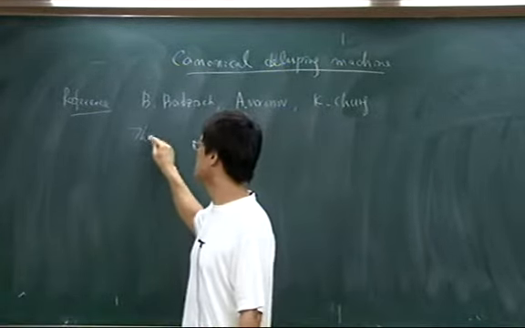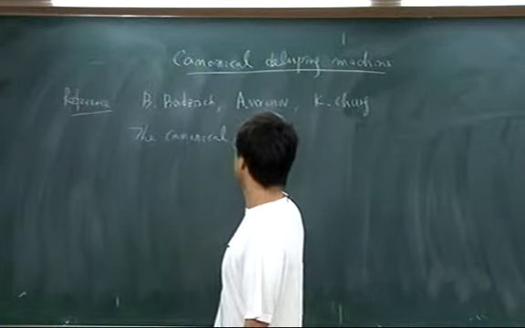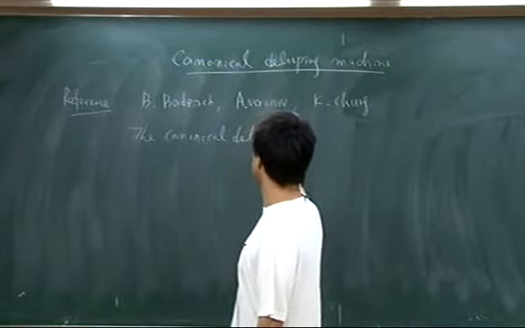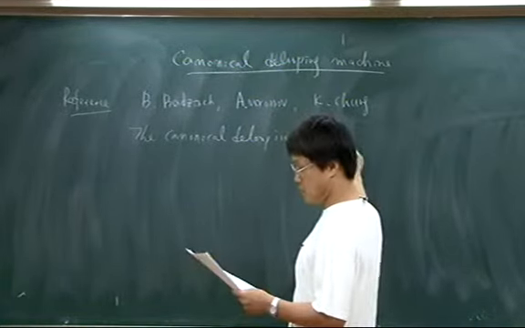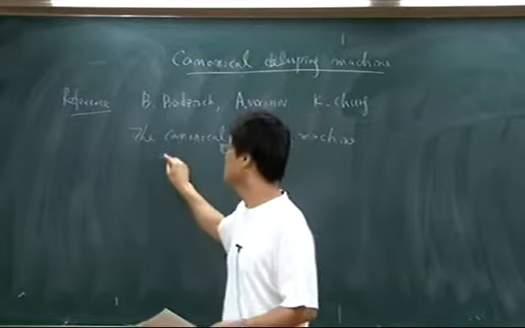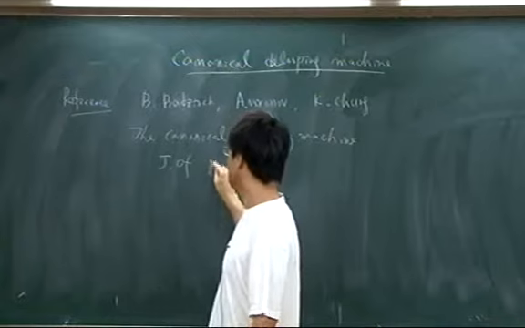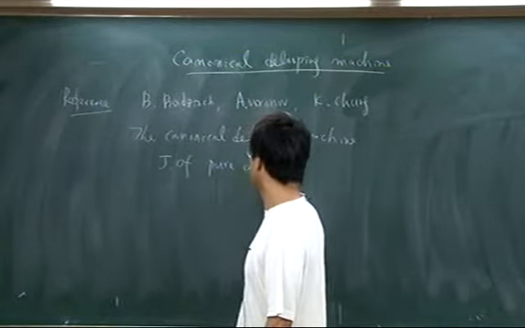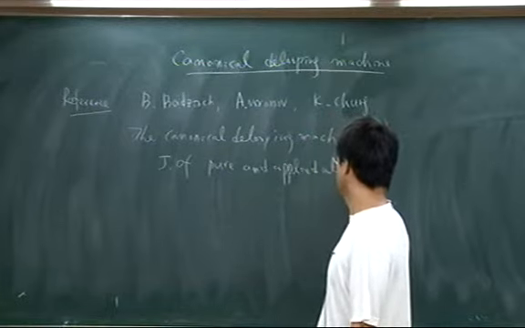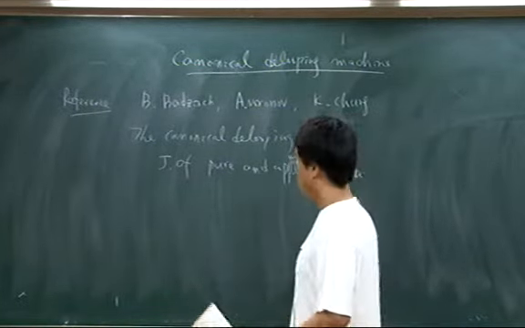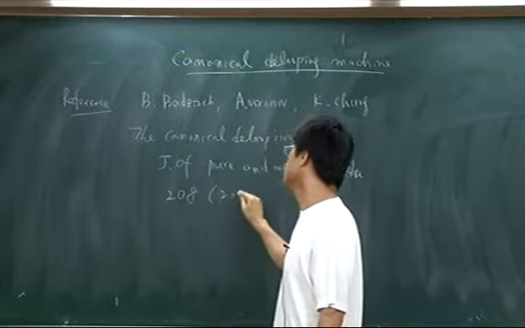So that is Canonical delooping machine, Journal of Pure and Applied Algebra, 2007.